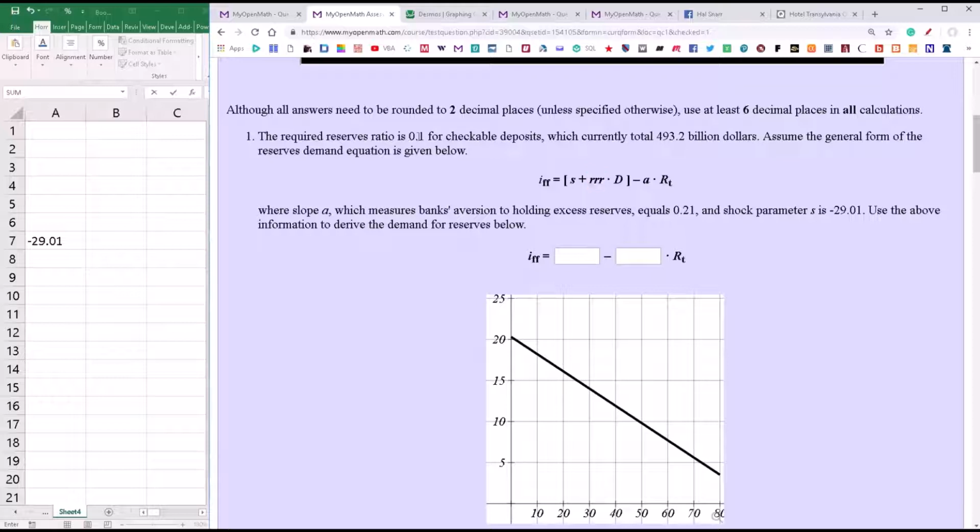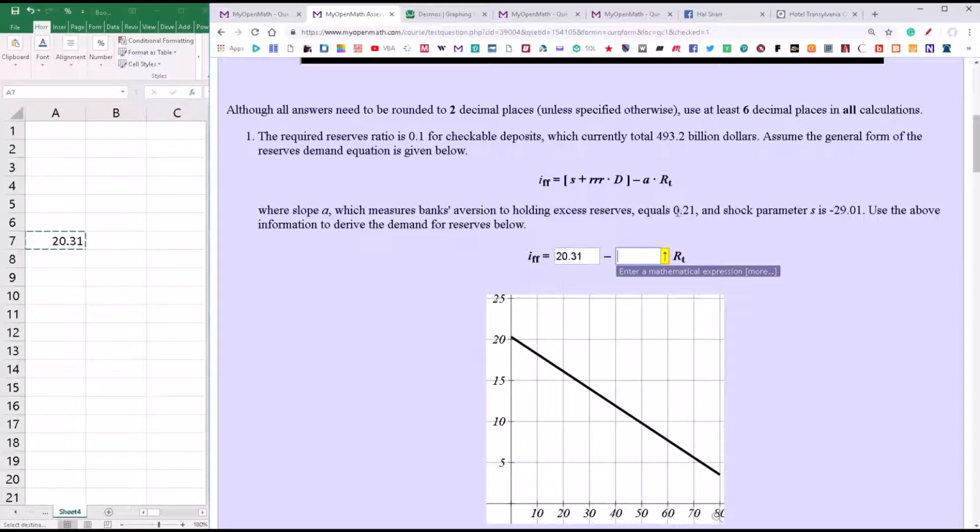So 10% of total checkable deposits in the banking system ends up being 49.32. So to the shock parameter, we're going to add the required reserves amount, 49.32. And this right here ends up being our intercept of our demand equation.